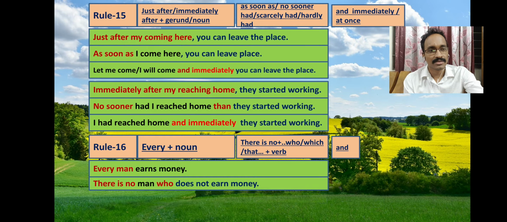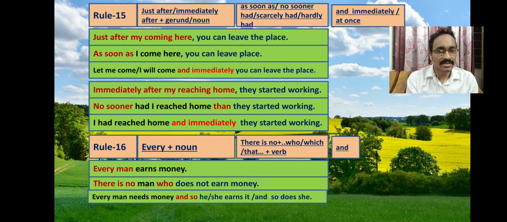This is complex, and the compound sentence is every man needs money, and so he or she earns. Here you can write that every man needs money and so they earn money.